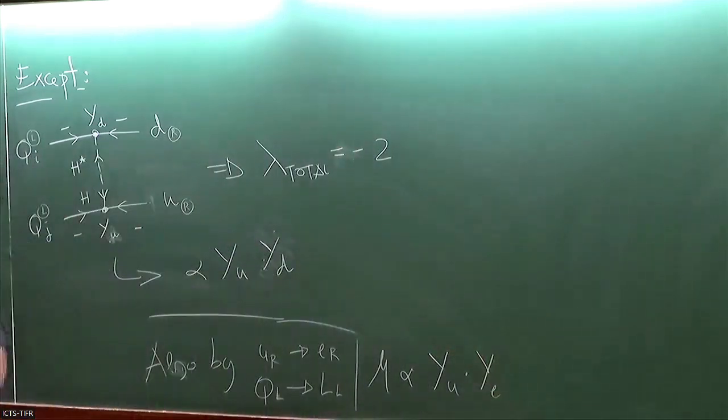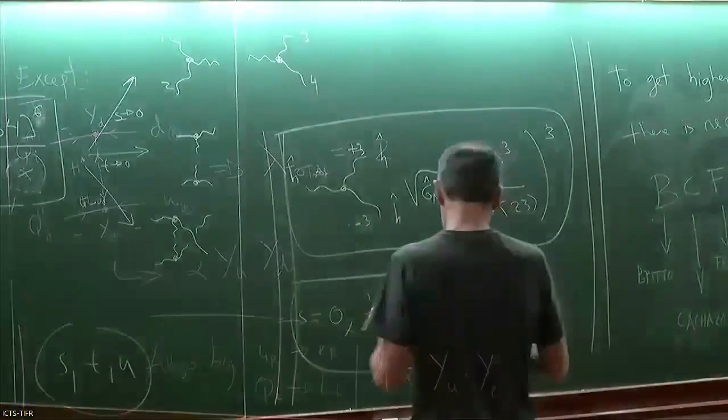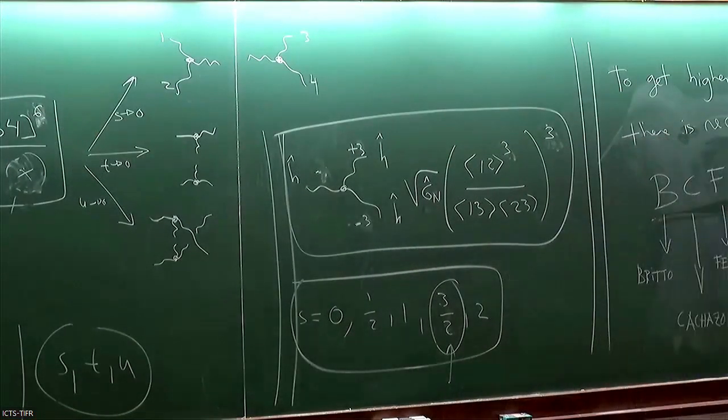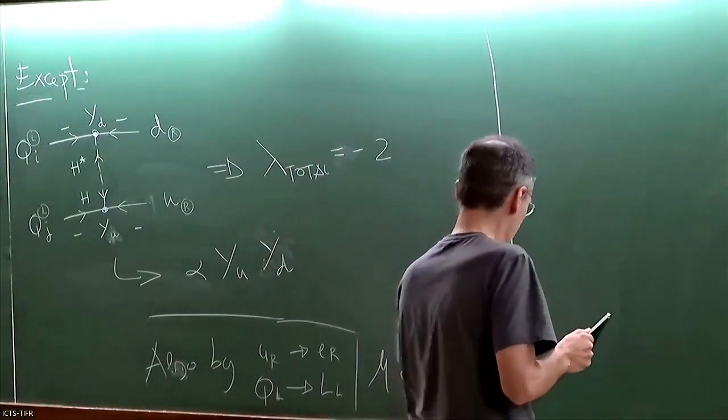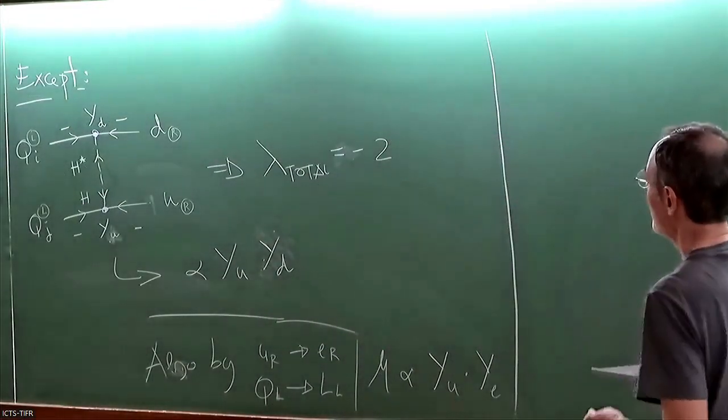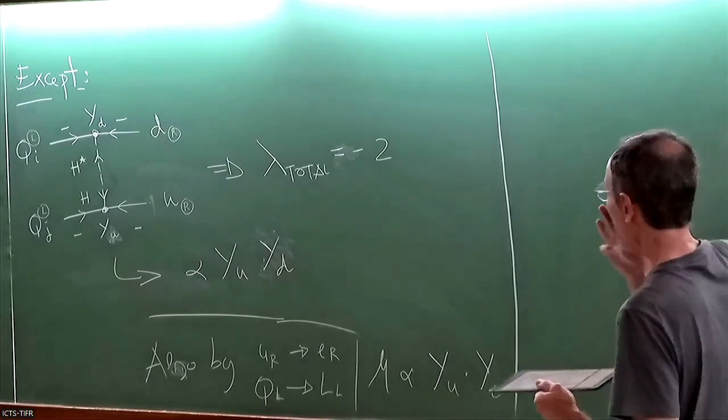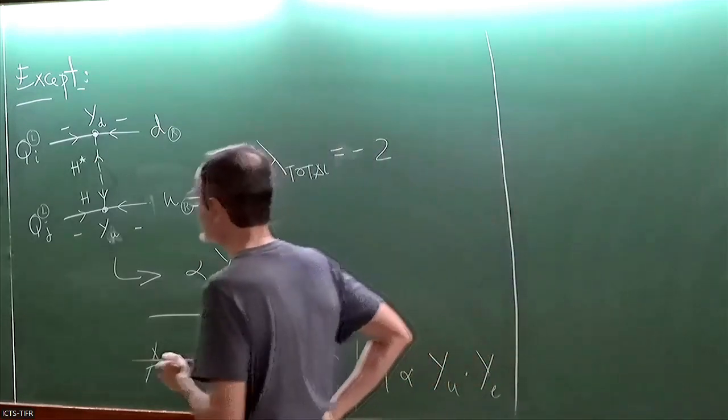This is a mystery, okay? But it will be important for later when I talk about the loops, okay? When I talk about loops, these properties will be very important.